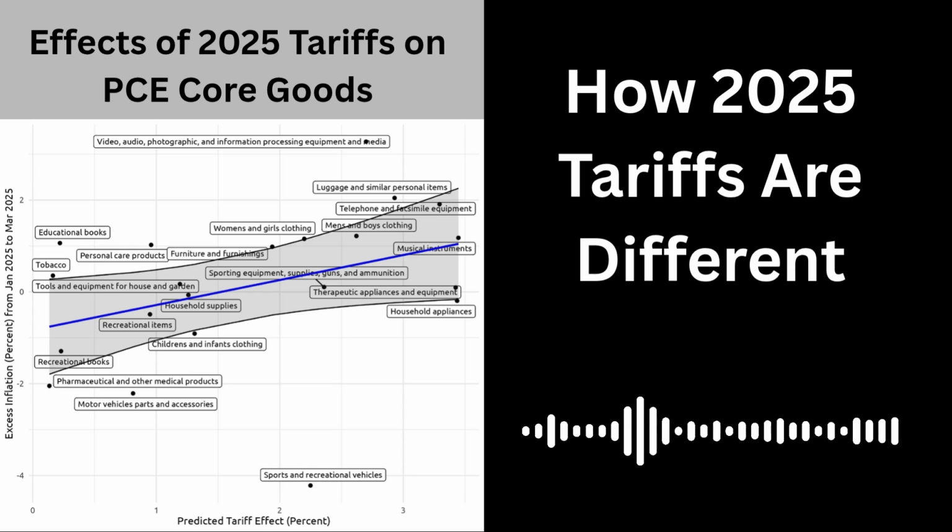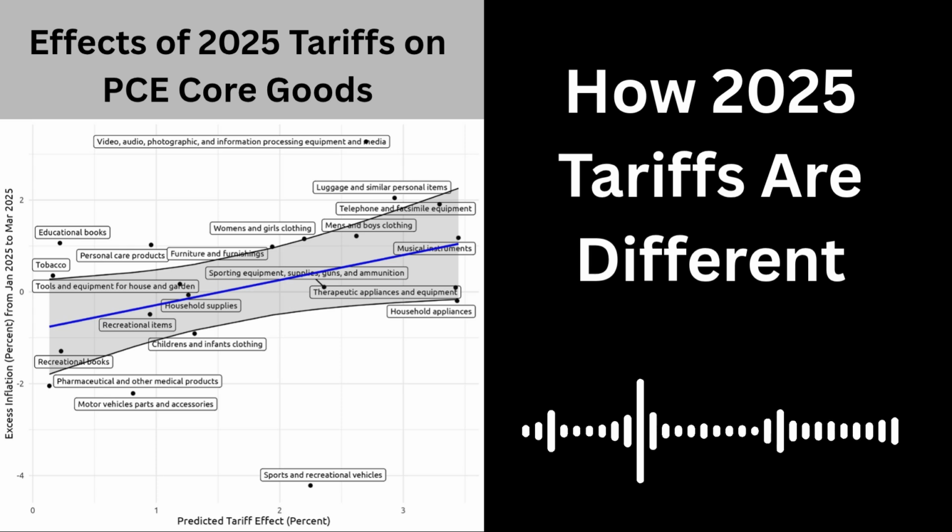So there are three plausible drivers for why there was a smaller pass-through rate for the 2025 wave versus the 2018 to 19. So one of those being a smaller China share. So U.S. consumption is relatively less reliant on China than it was in 2018 to 2019. So a China-focused tariff hits a smaller slice.